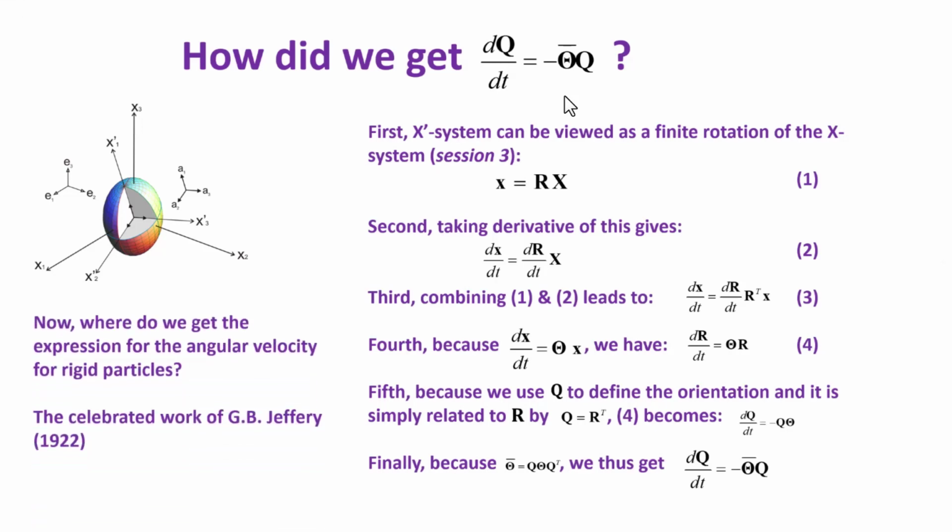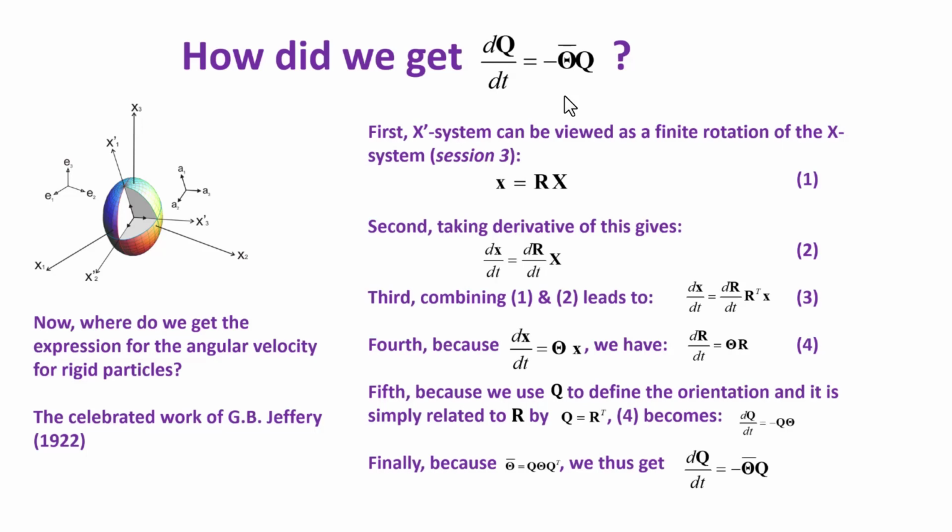So now we have this mathematical equation to describe the rotation. We need to solve this equation in order to know the history of a rigid body rotation. The angular velocity of a rigid object in a ductile flow is a complicated function. It depends on the flow itself, on the current orientation of the object, and also, of course, on the geometrical characteristics of the object.